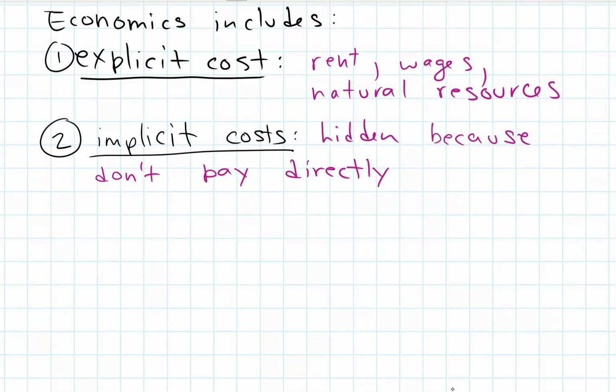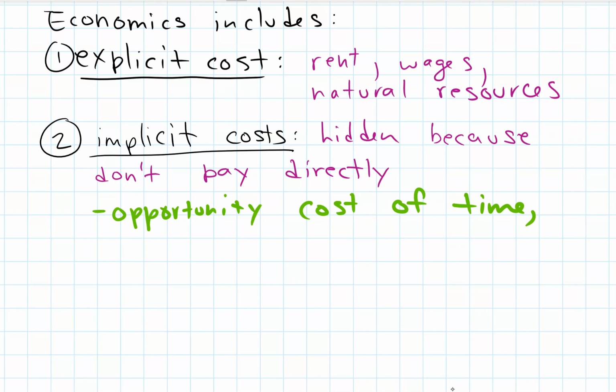Implicit costs include things like the opportunity cost of your time. For example, if you're an entrepreneur and you start a business and you give up your job, that's an example of an implicit cost. You could have been earning a wage in your job, but you had to give it up in order to start this business. You also have financial capital.